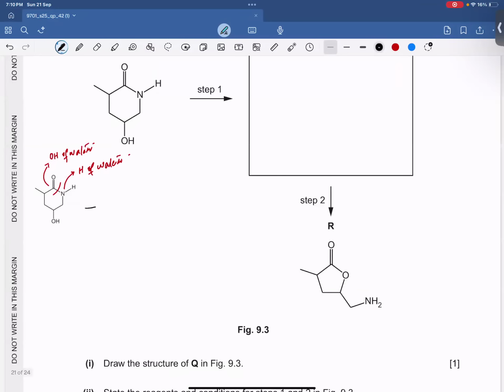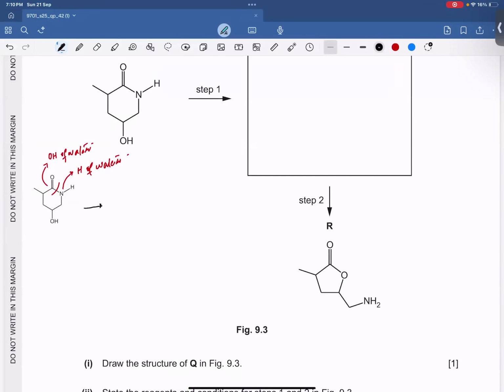As a result, I'll get this compound, with C=O, the OH of water, and this NH2. So in step 1, hydrolysis takes place.